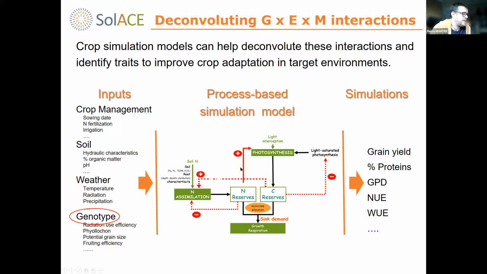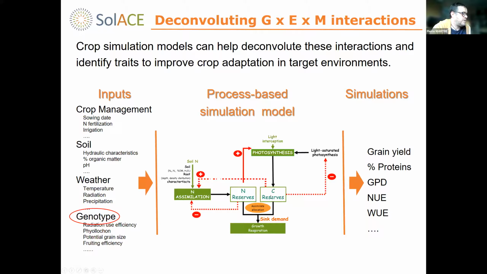I have just summarized a limited number here that are represented in a crop model. For example, of course, you have a positive effect of the intensity of solar radiation on photosynthesis in the field, at canopy level at least, and that will tend to increase the carbon reserves and, in the short term, increase the growth of the plants.